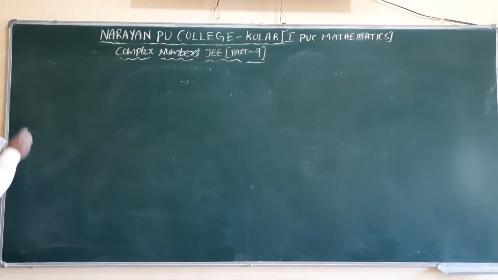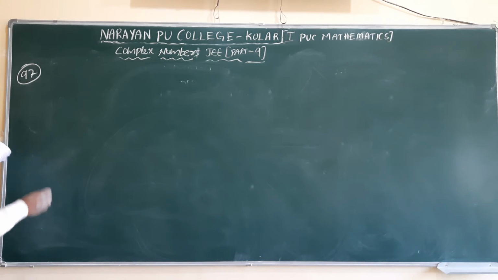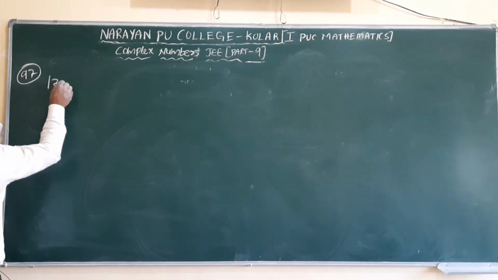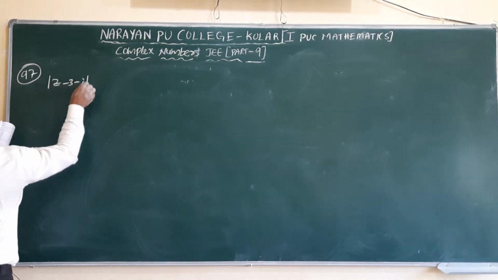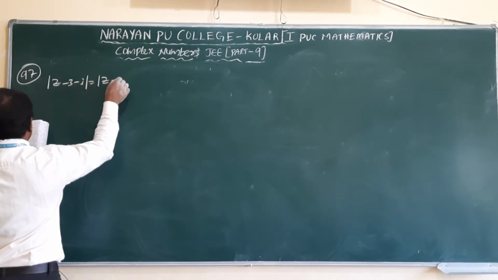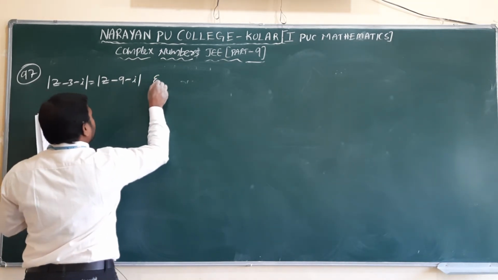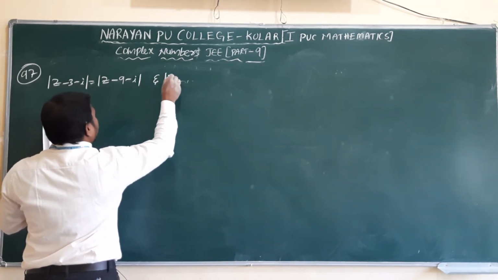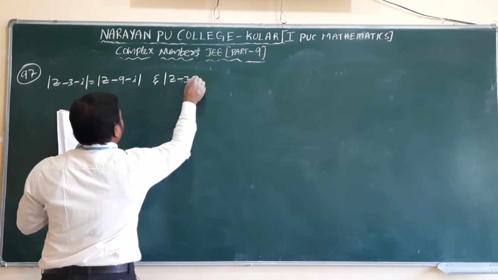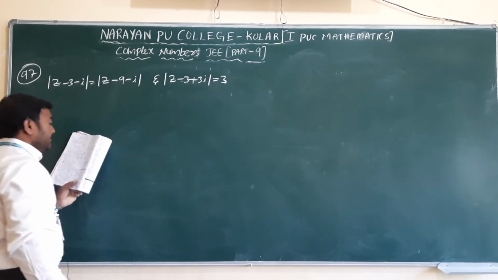This is question number 97. Number of complex numbers z satisfying |z − 3 − i| = |z − 9 − i| and |z − 3 + 3i| = 3.